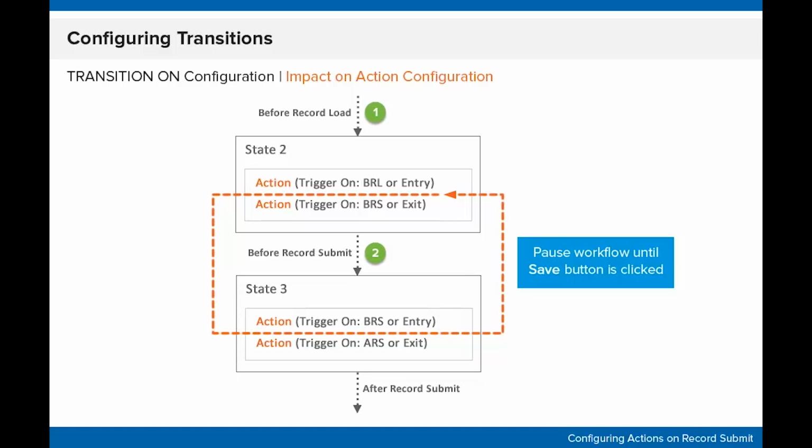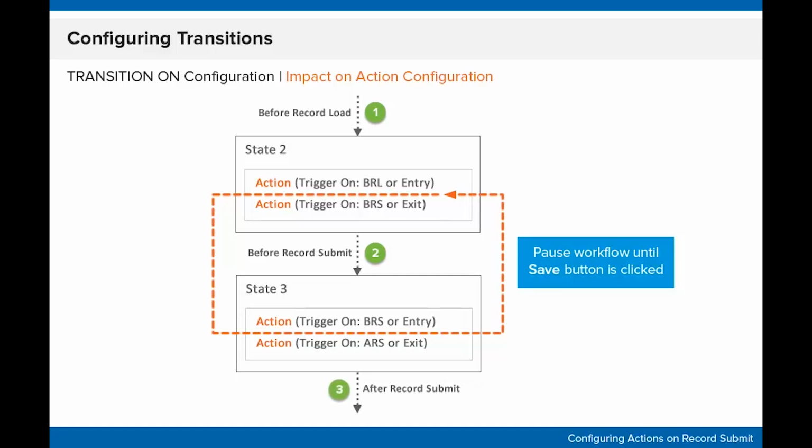The incoming transition to state 3 before record submit establishes the active trigger upon entry into the state. Actions configured on the entry trigger will execute in addition to any actions configured on before record submit. Once all actions at before record submit have been executed, the active workflow trigger automatically shifts to after record submit, and any actions configured on after record submit will execute immediately after the actions configured on before record submit.